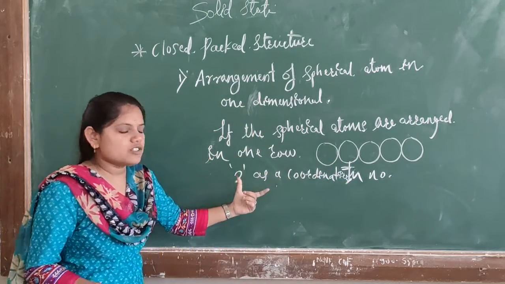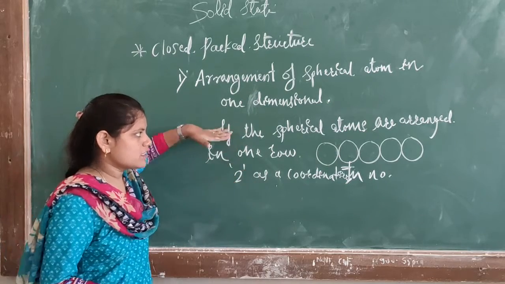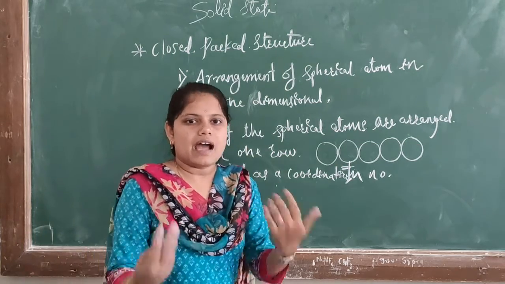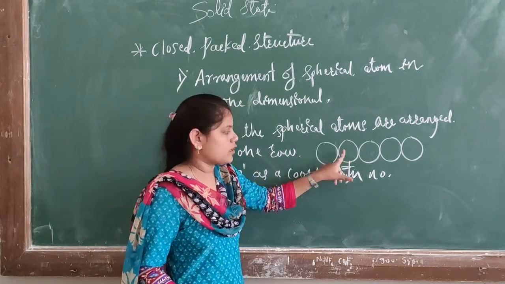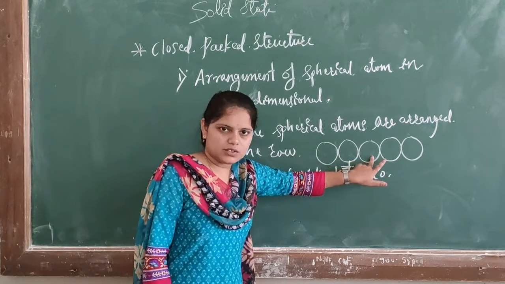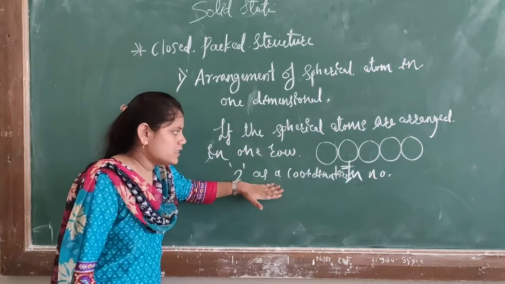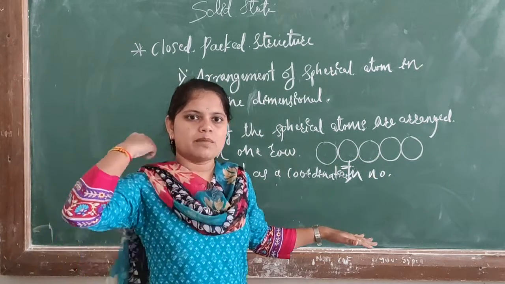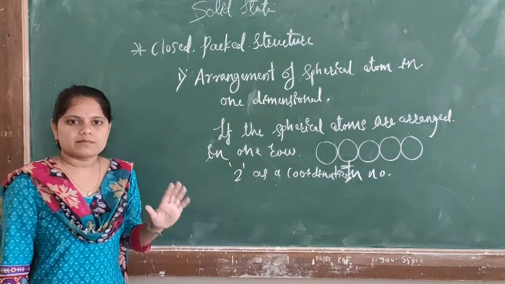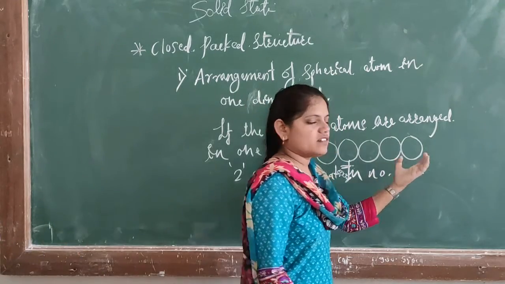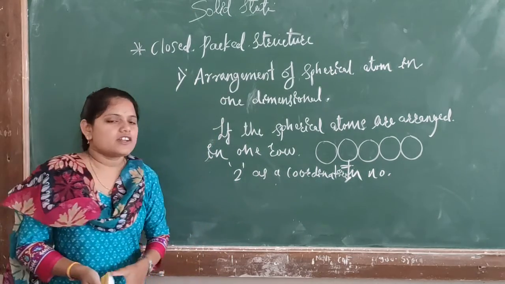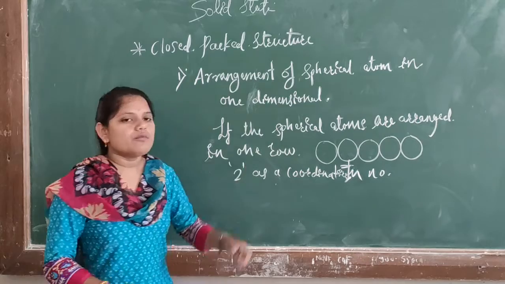So this arrangement has these characteristics: the spherical atoms are arranged in a row as closely as possible, each atom is in contact with two neighboring atoms, giving a coordination number of 2, and there is minimum vacant space between atoms. I hope you understand one-dimensional arrangement.